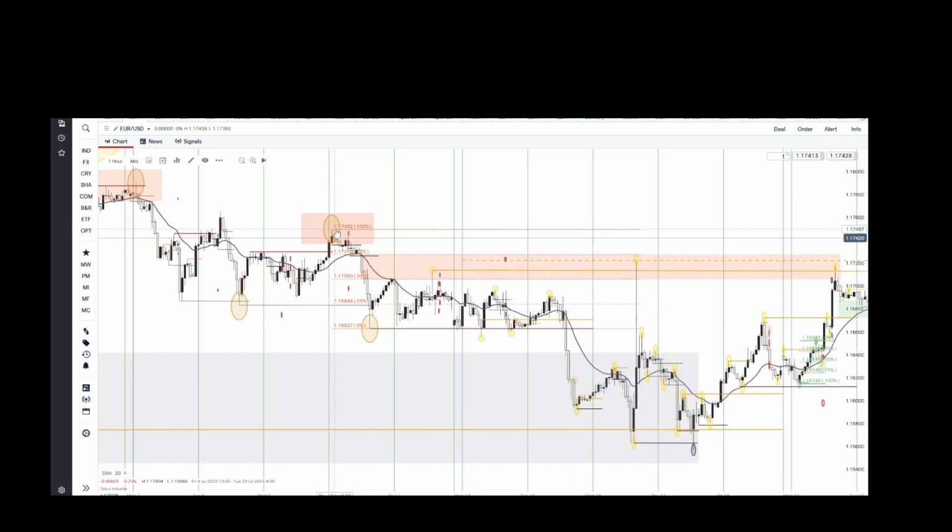I run a fib from the high to the low, and this level here is between 50 and 75% of this fib, which runs from the lower high to the lower low.